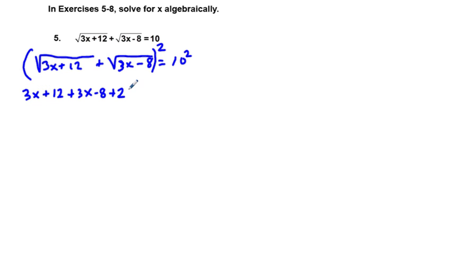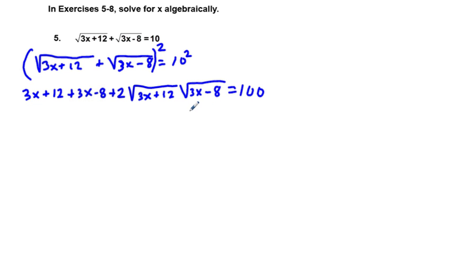So it's just like using FOIL or some other method. So we're going to have 2 times the square root of quantity 3x plus 12 times the square root of quantity 3x minus 8 is equal to 100. 10 squared is 100.